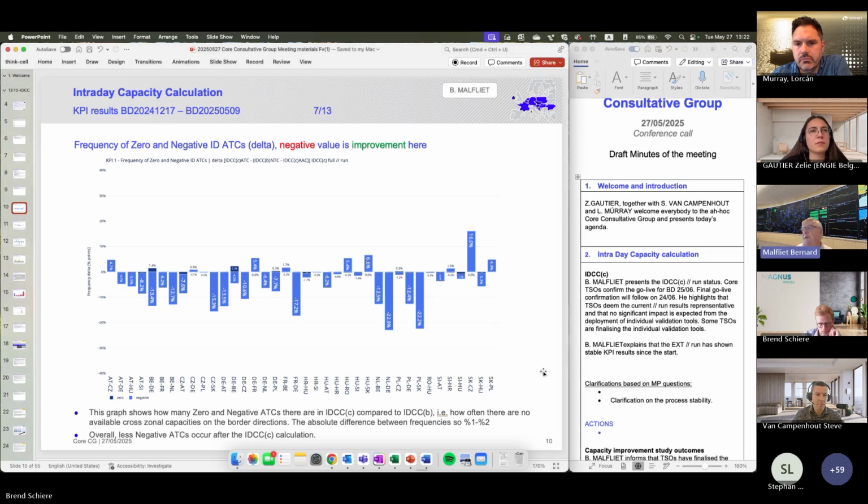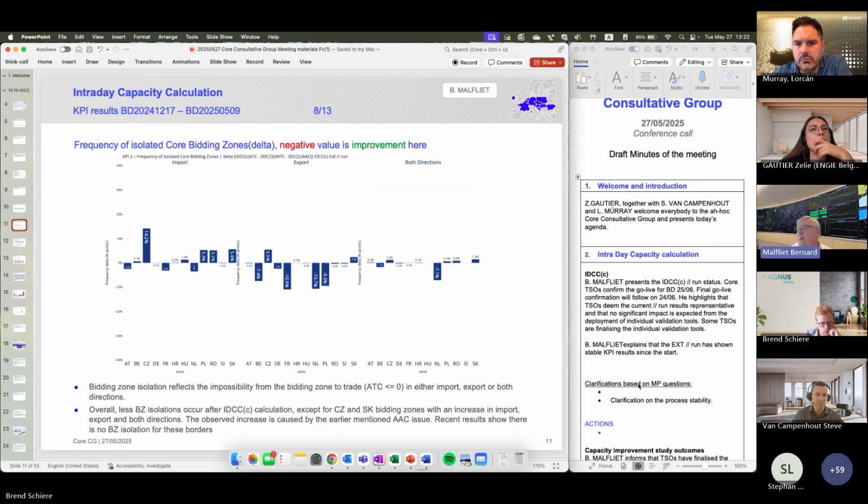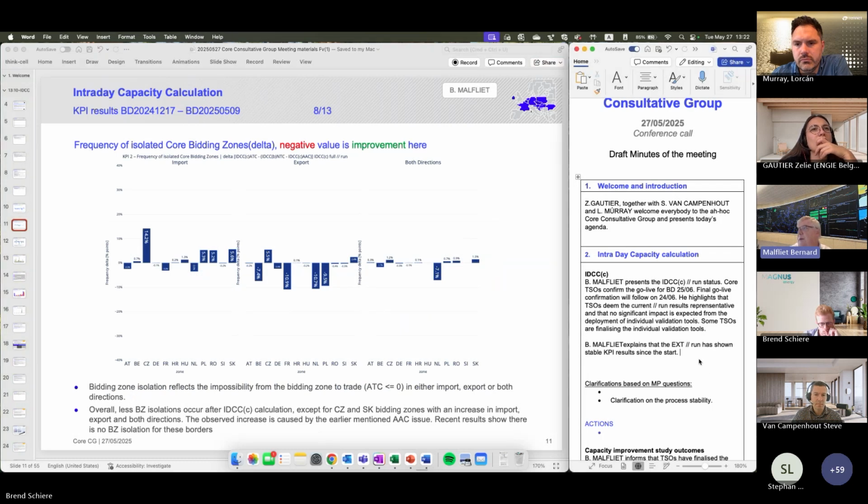The next slide is about bidding zone isolation. So there's a bit of difference between import and export. So on the import, you see that imports become a little bit more limiting on some borders, whereas exports on most borders improve. So again, negative value is an improvement here.